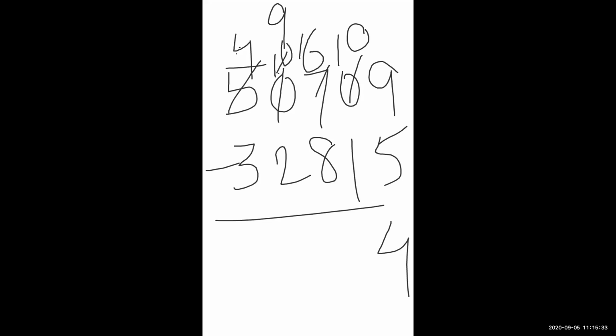Now you want to solve this sum. 9 minus 5 is 4. 10 minus 1 is 9. This 16 minus 8, your answer is 8. 9 minus 2, your answer is 7. And 4 minus 3, your answer is 1.